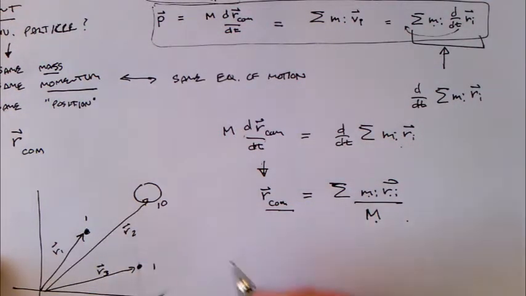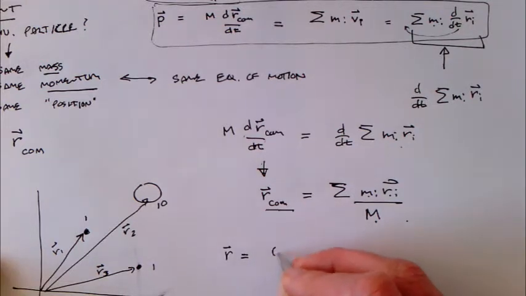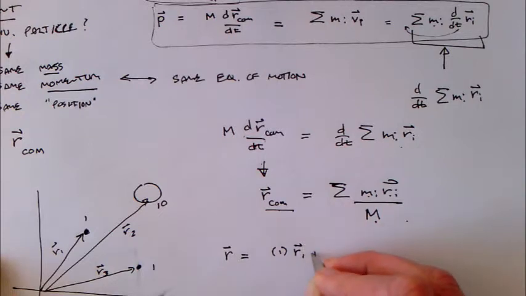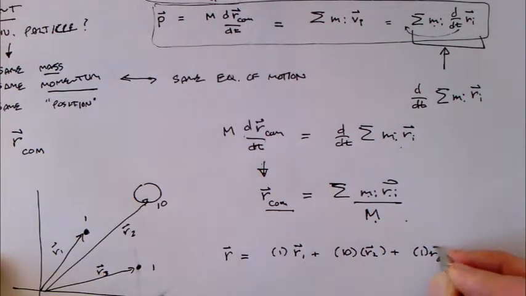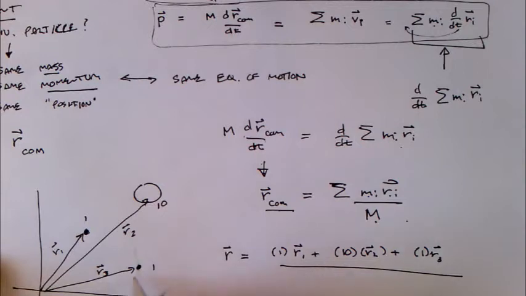If I wanted to find the center of mass for this, I would say, okay, well, that's got to be 1 times R1, so 1 kilogram, presumably, plus 10 times R2, plus 1 times R3, all divided by the total mass. Well, the total mass is 12 here. And as you can see, I'm going to be heavily weighted towards R2.